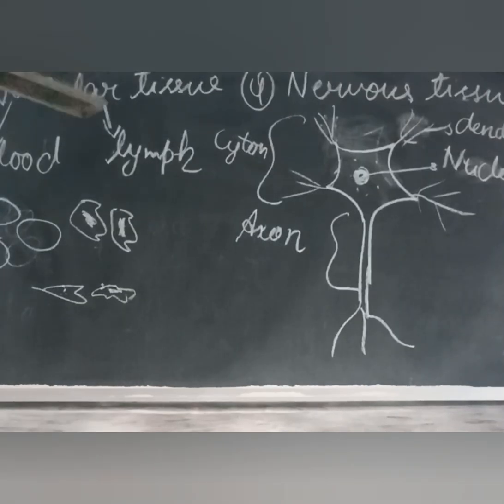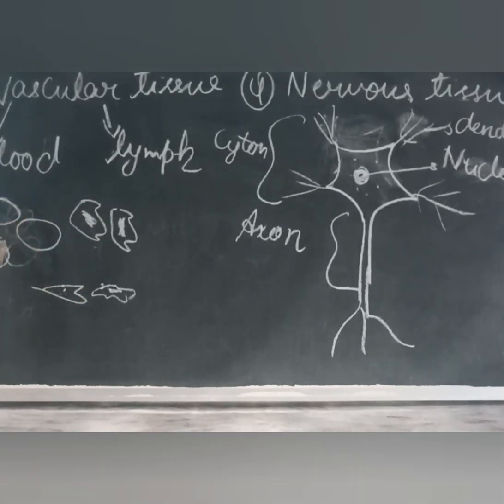Third is the vascular tissue. It is a fluid connective tissue, which means it is a liquid connective tissue, and it is of two types, blood and lymph. In blood, the cells are suspended in a liquid called plasma, which makes up about 90 percent, and then the cells are there. Three types of cells are present in the blood: red blood cells, white blood cells and platelets.